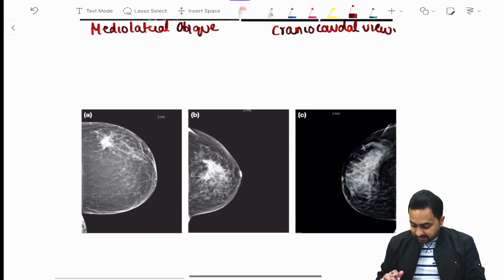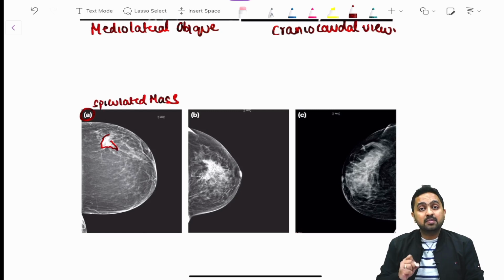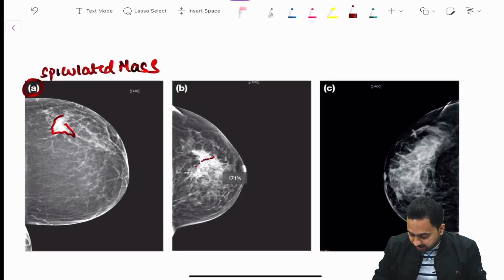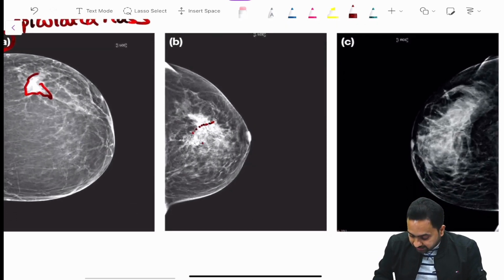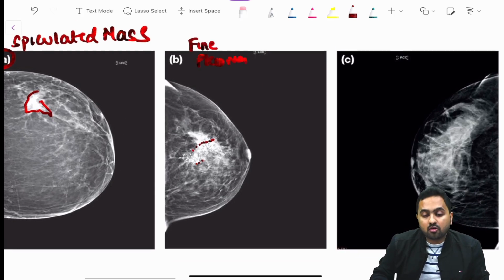Whereas now if you look at this image, on your image A, you find that there is this spiculated mass arising. Then in image B, you see the tiny dots, right. I'll zoom in for you. So these tiny dots are your fine pleomorphic calcifications, right.